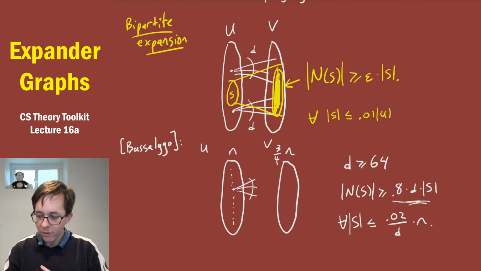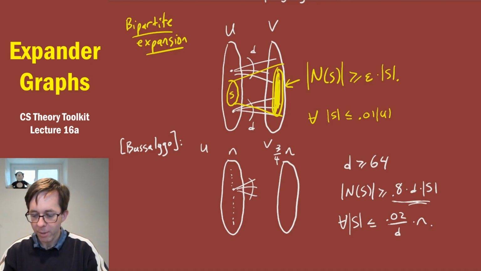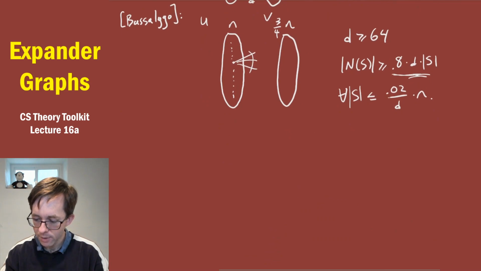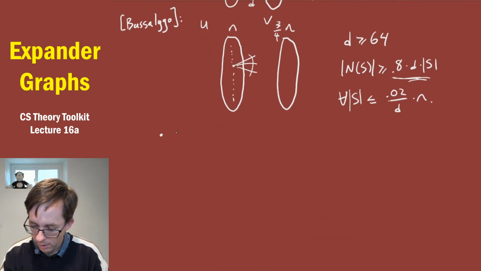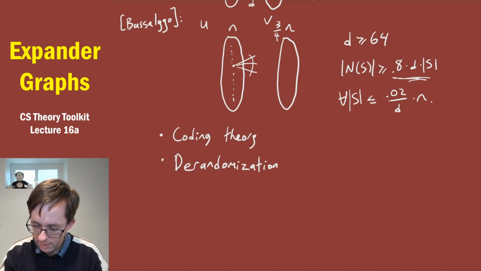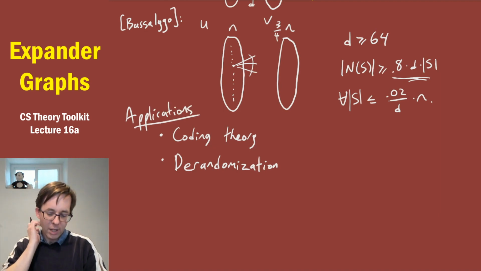So this is the kind of bipartite expander graph that I'm going to show you can be used to get two cool applications. One application in coding theory, and one application in derandomization. And for both of these applications, Bassalygo's result that a random graph has these properties is not good enough.